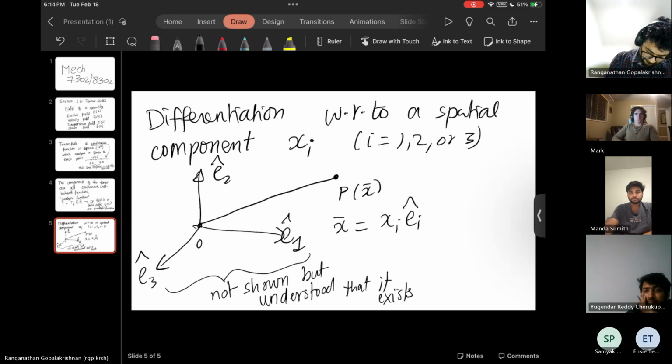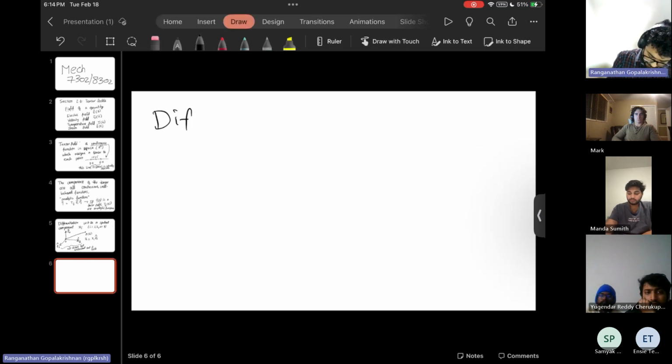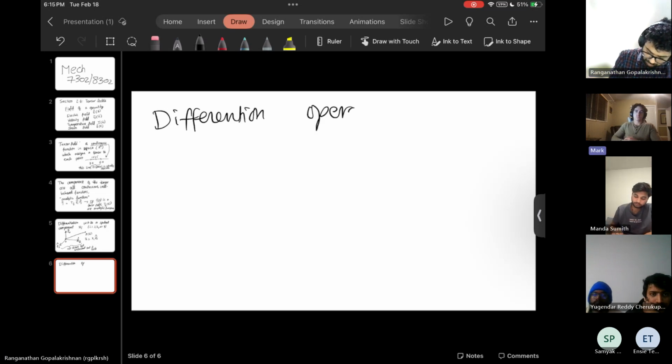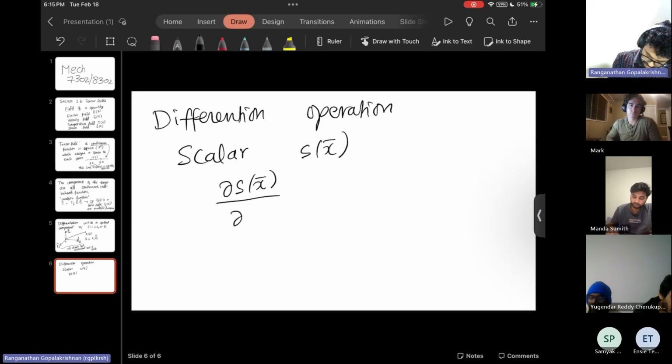Okay. So the differentiation operation. You can take, for example, a scalar which depends on position. And if we want to get the derivative of the scalar with respect to position, a scalar doesn't care about component, right?